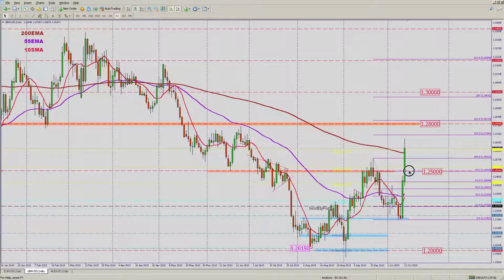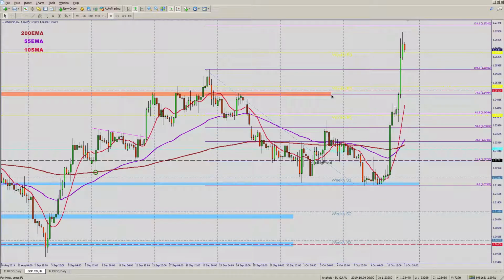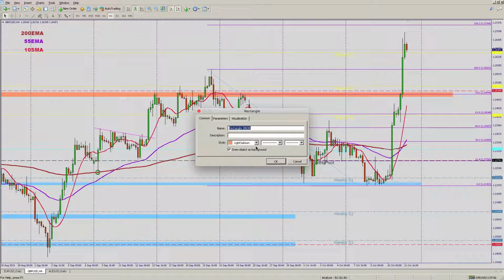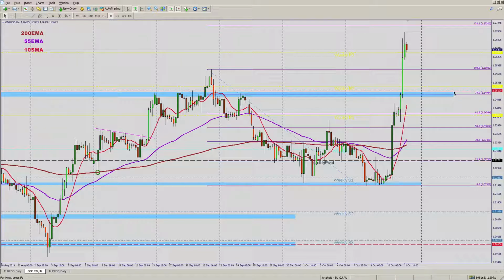So now this area at 125 is going to be a key support zone now. Let's change that.